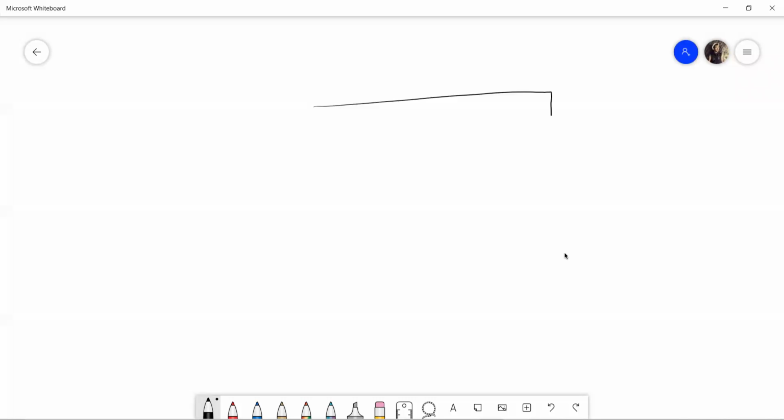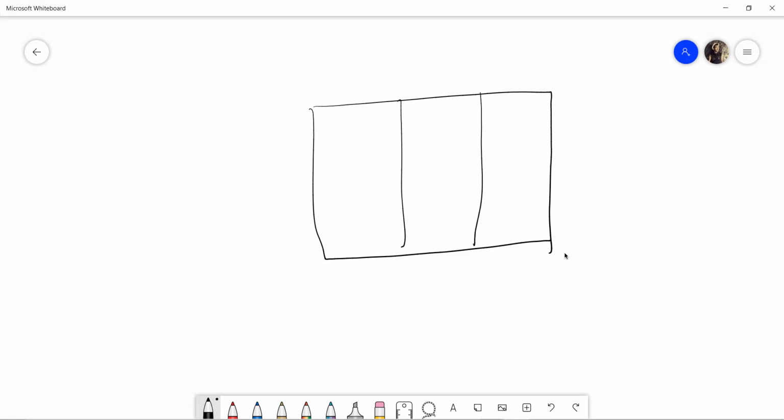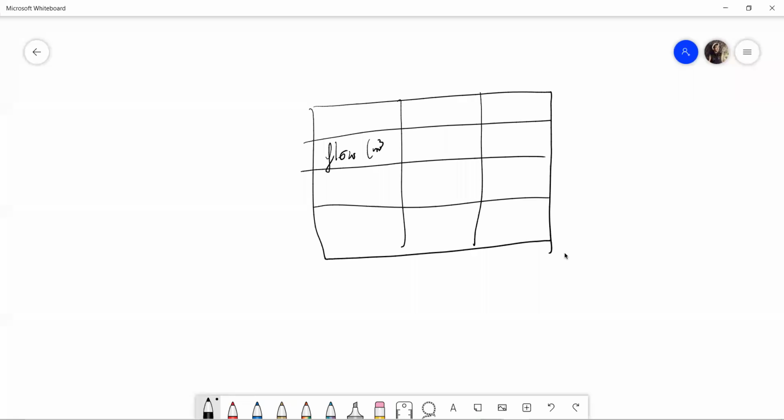After writing down the question, draw this table: flow in meter cube per second, DO in mg per liter, BOD in mg per liter, for river and wastewater.